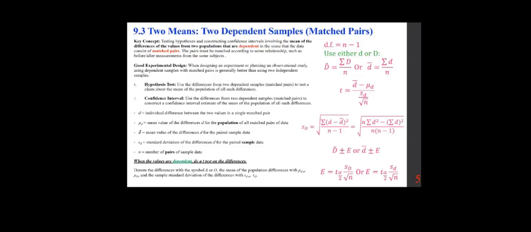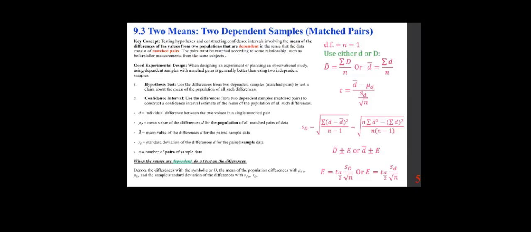The formulas are very similar to what we have seen. One of the things that many instructors do when it comes to a test of hypothesis and even a confidence interval for this case is treat the difference as x, and then do the t-test on the x bar mean, if you will, of those.